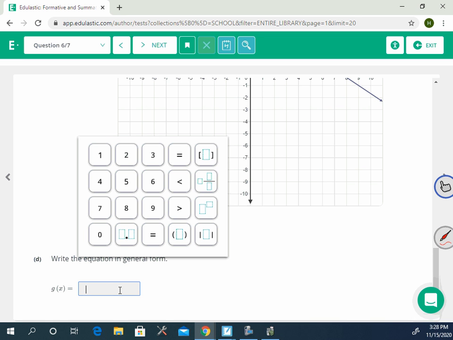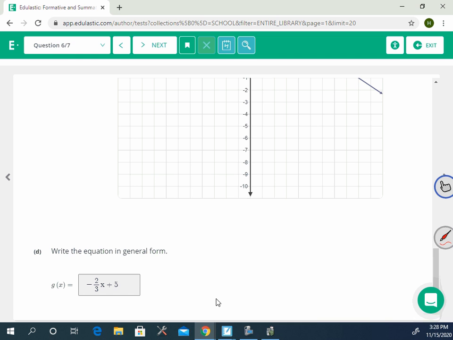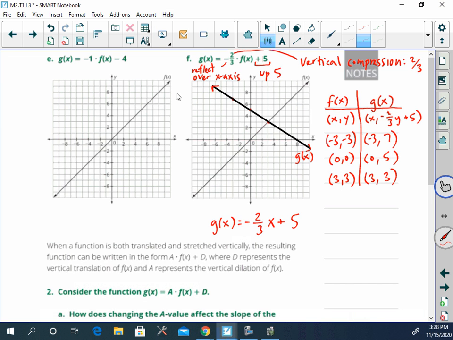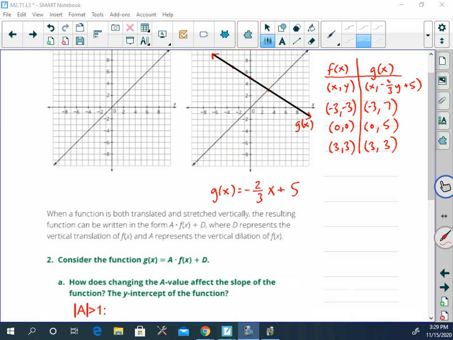And then if I write my equation here, it was negative 2/3 x plus 5. So this is the fraction button there. All right, and then hopefully you're checking answers as you go through that Edgenuity piece.